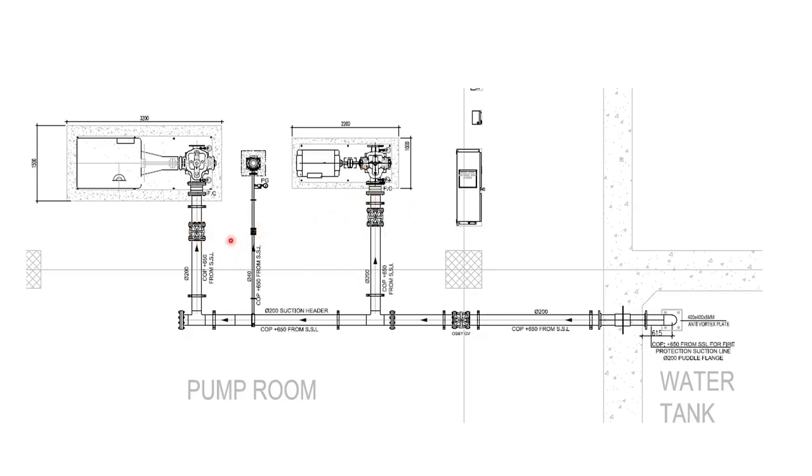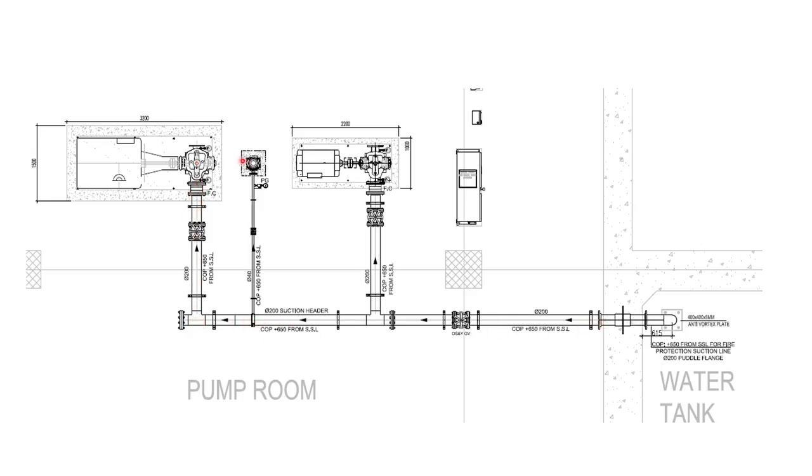So here in the suction header also we have considered a gate valve for maintenance purpose. Please note, we need to avoid fittings as much as we can so that the frictional losses will be reduced and the pump can suck the water without much frictional losses.